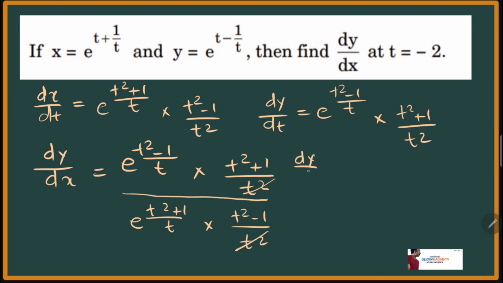Now dy by dx at t equal to minus 2 is equal to, we will substitute t equal to minus 2 in this dy by dx.